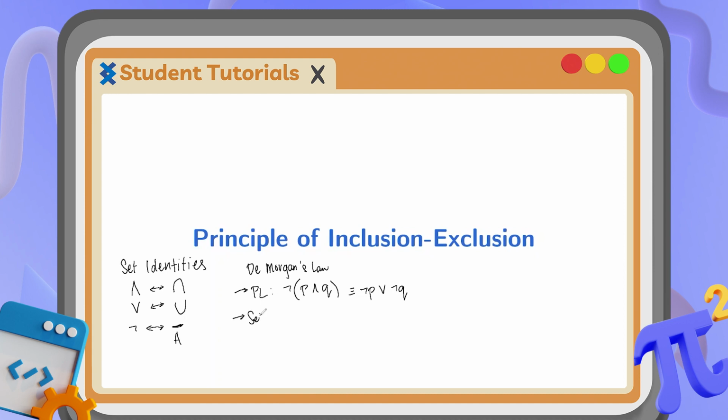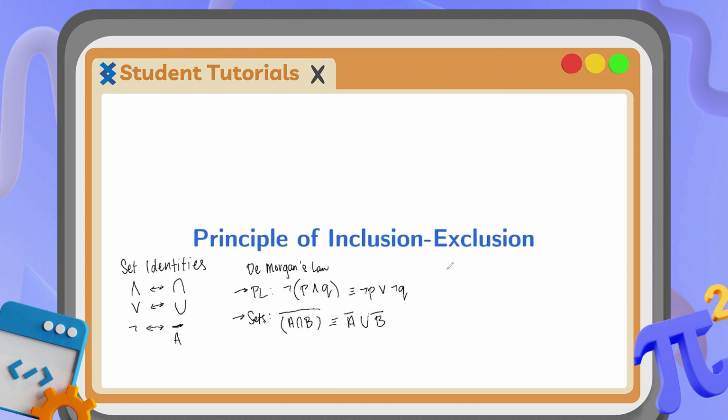Similarly, for sets, if you are to take the complement of, let's say, the intersection of two sets, this is equivalent to the complement of A union the complement of B. And you can factor out also the complement like how you would in negations.